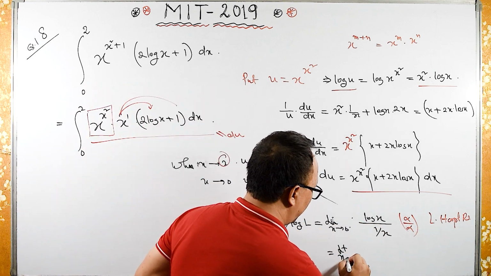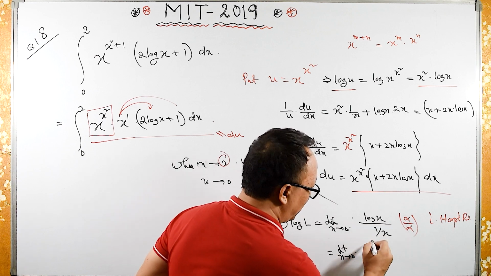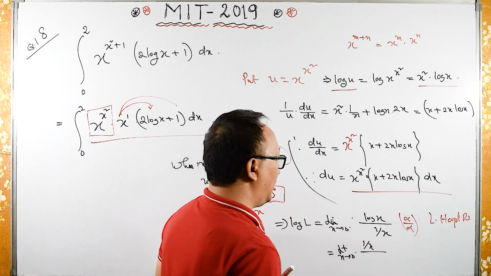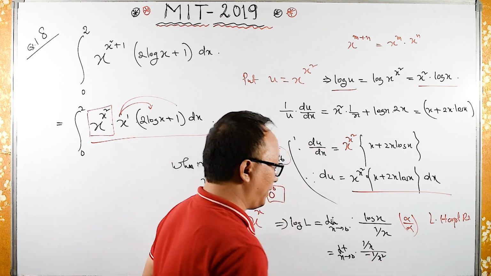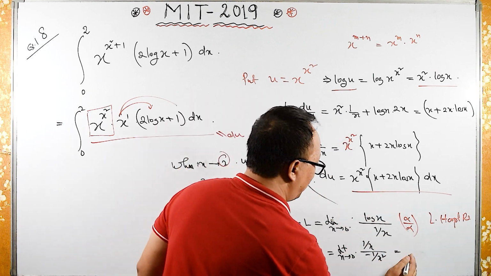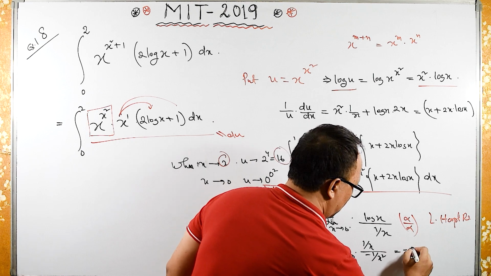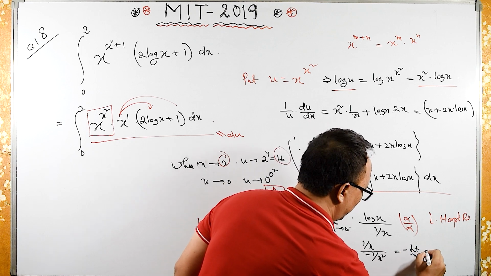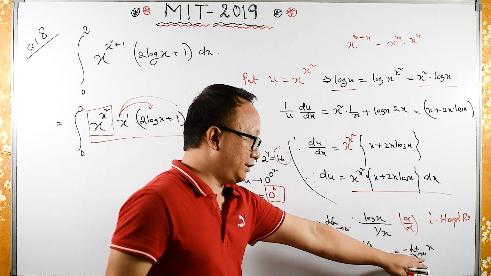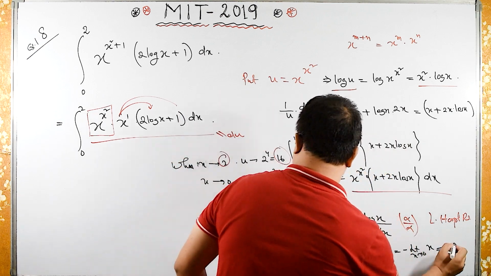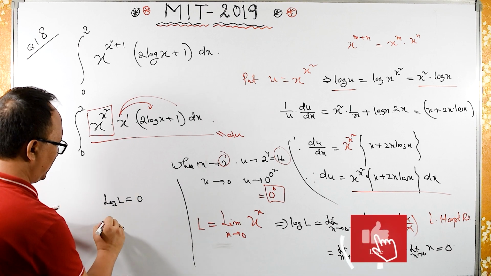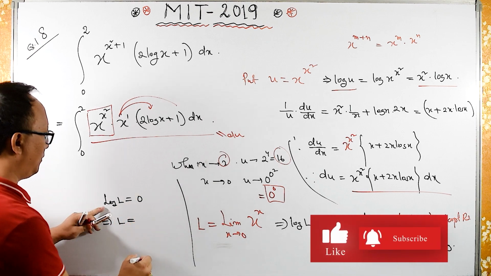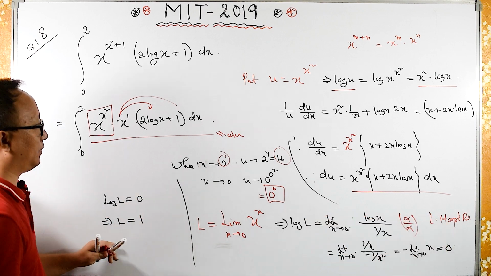Limit of x tends to 0, differentiation of log x is 1 upon x, and differentiation of 1 by x is minus 1 by x square. So if I bring it up, what will we get? Minus limit of x tends to 0 of x. When x tends to 0, this becomes 0. Log of L equals 0. This implies L equals 1.